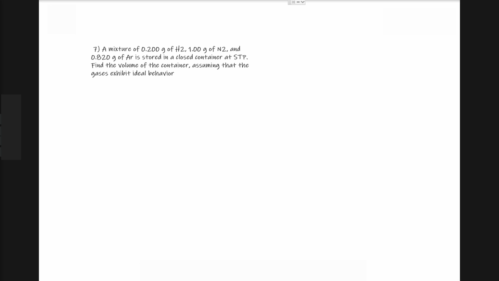We have 0.2 grams of H2. Now, in order to get this to moles, we need the molar mass of the substance. And keep in mind that when you look at your periodic table, whatever the value is for hydrogen, usually it's around 1. Whatever the value that you're given for hydrogen, you have to multiply that by 2 because hydrogen is a diatomic substance, right?